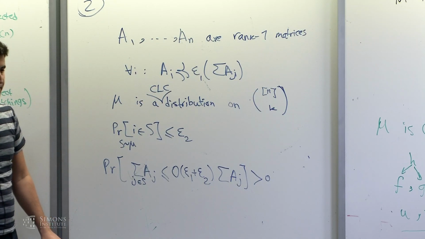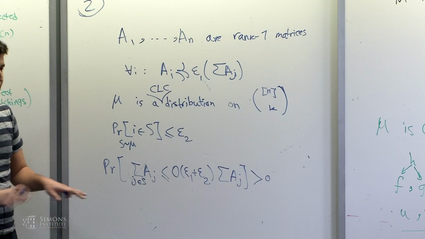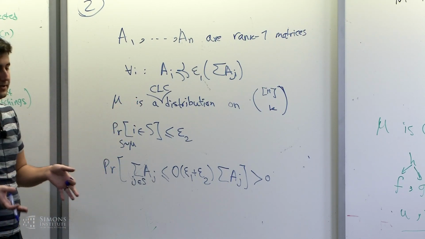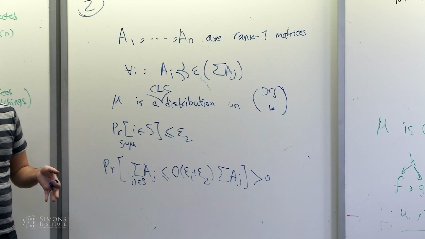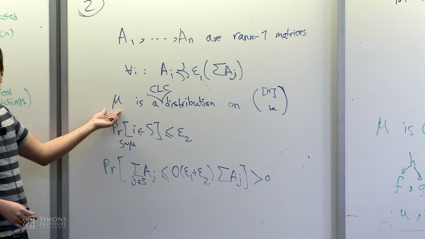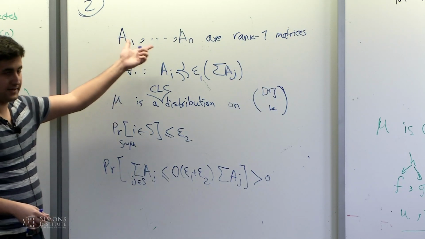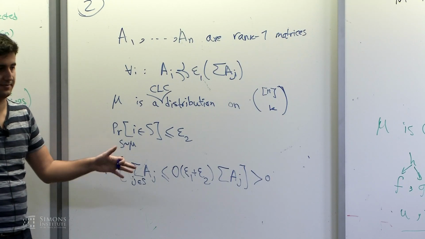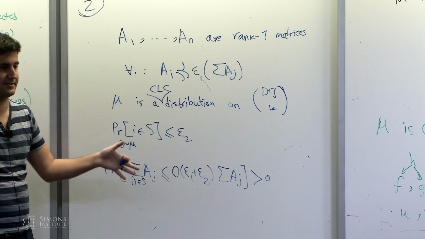The proof doesn't go through for CLC distributions because you have to still argue about the mixed characteristic polynomial. You start from the generating polynomial of this and the determinantal polynomial of these, and both are real stable. You do some operations on them, you get the mixed characteristic polynomial, and you prove that it's still real rooted.